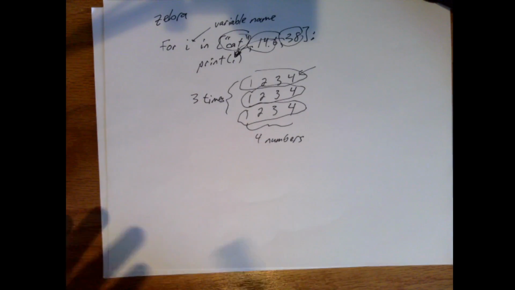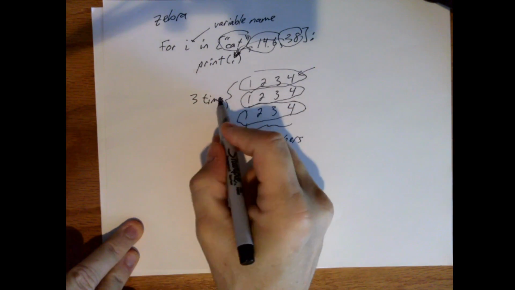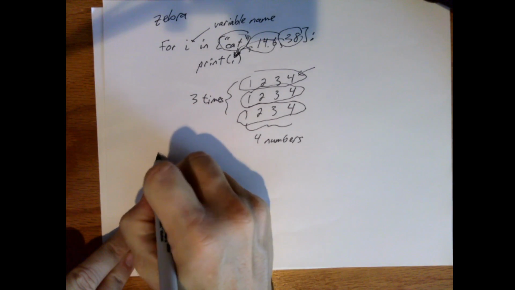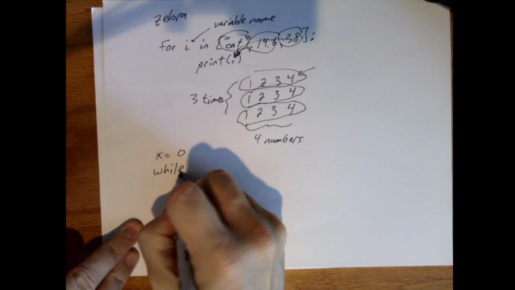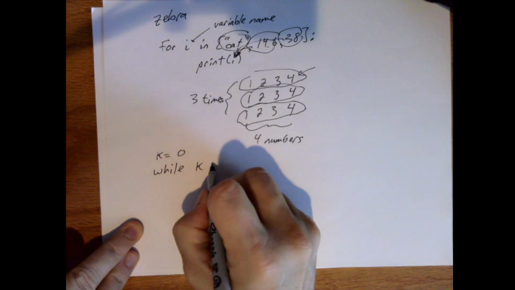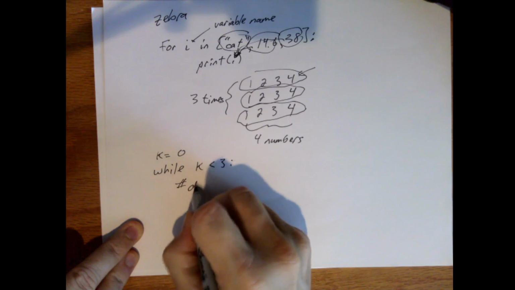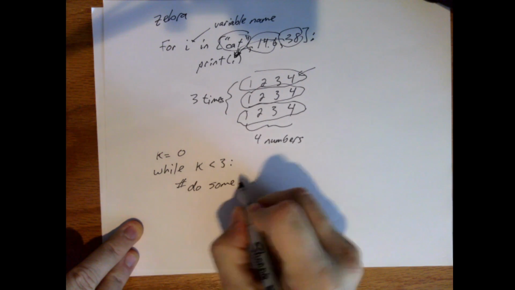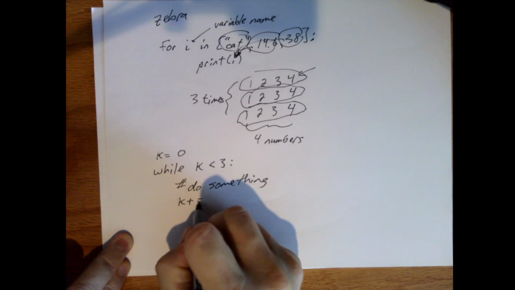So remember the way my loop works is, if I said, I want something that runs 3 times, so I might say k equals 0, while k is less than 3, do something, and then k plus equal 1, right?